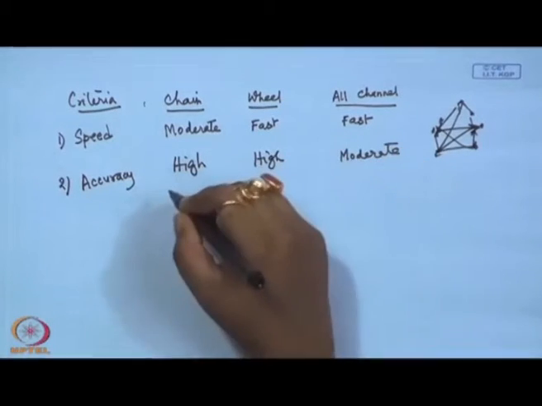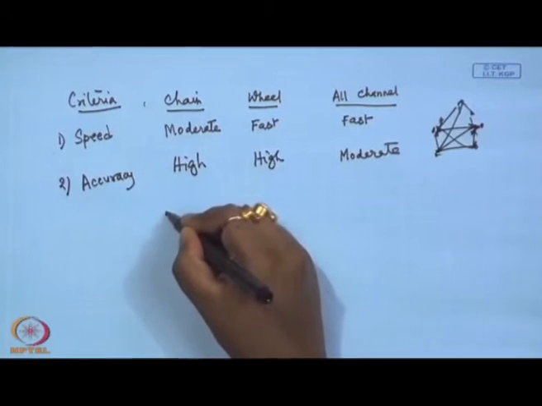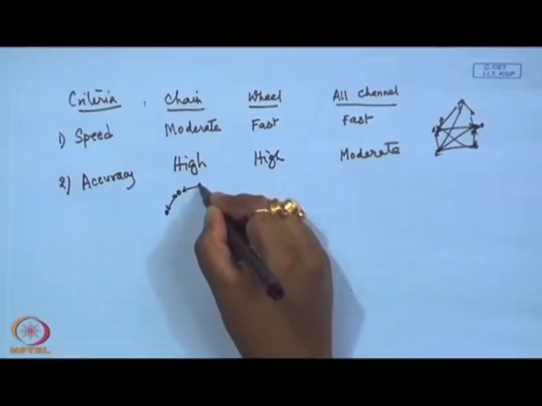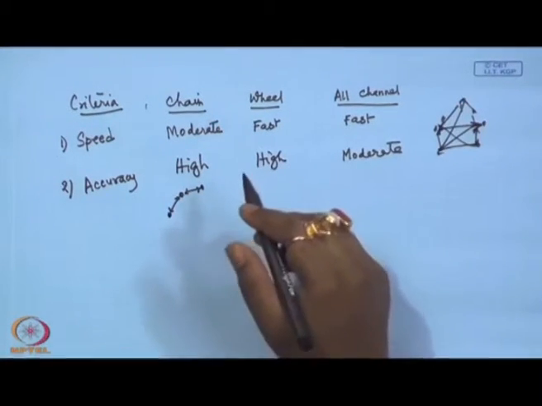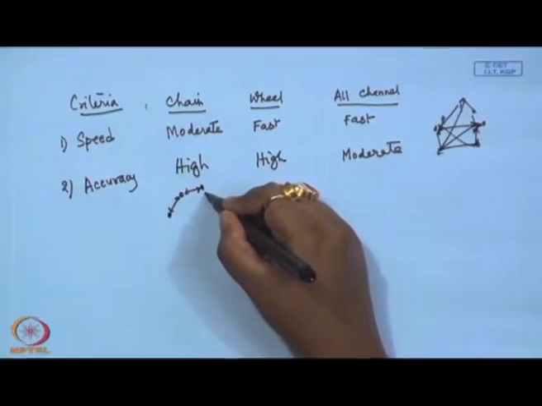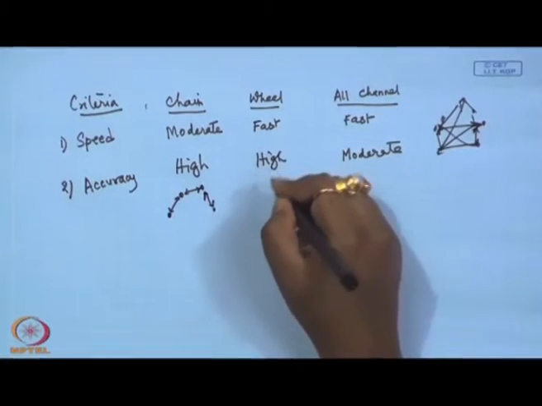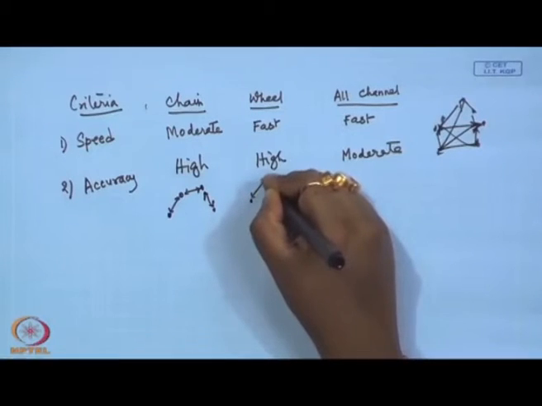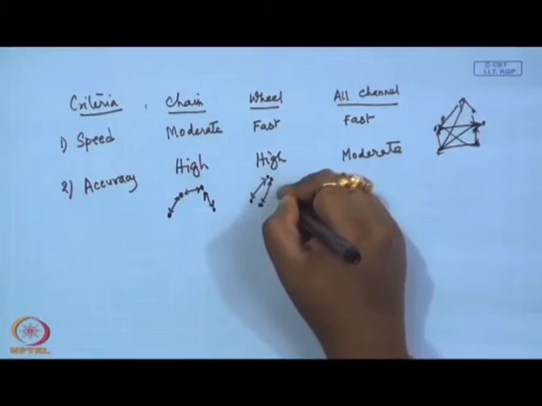The reason is, in chain, one person is communicating to the other person, and this person is communicating to the next. So it is one to one communication, and we know who is communicating to whom, and there could be a process of validating and rechecking. In wheel also all the communication passes through the leader, so there is a great possibility of accuracy in it.